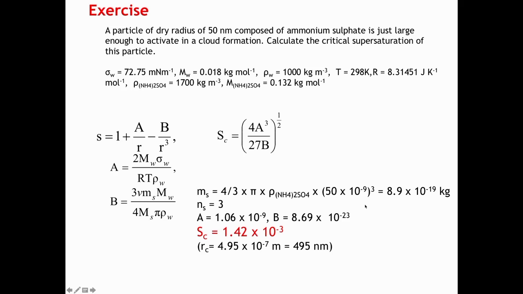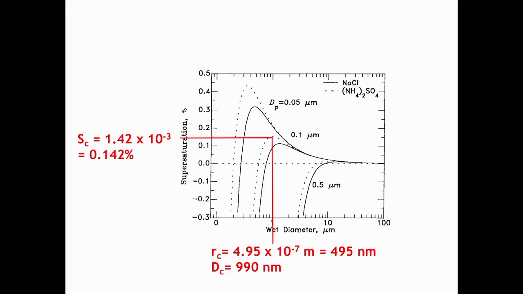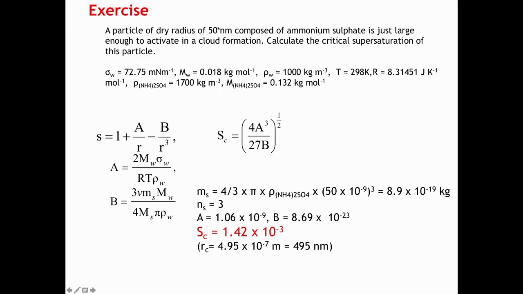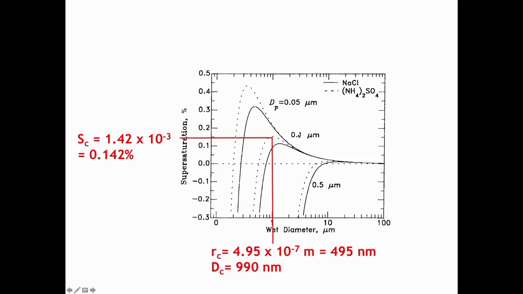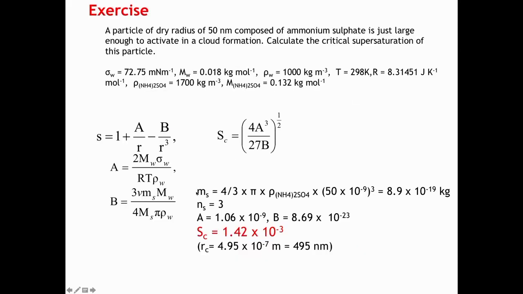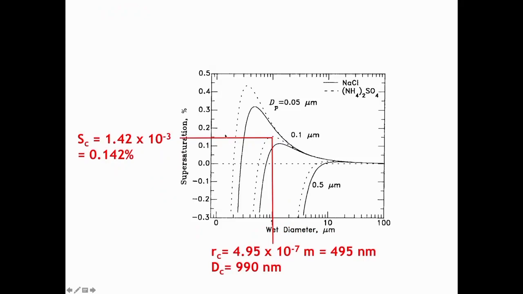To activate a particle of 50 nanometers. So that 1.4 times 10 to the minus 3 is 0.14%. That is a 0.1 micron diameter, so that's a 50 nanometer radius, so 0.1 diameter, ammonium sulfate particle. So you can see there, this calculation is just calculating what this point is on the Kohler curve.